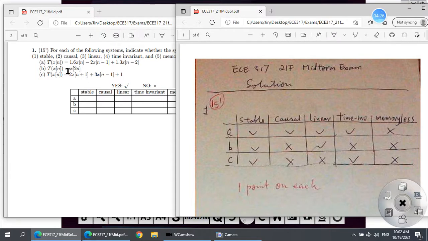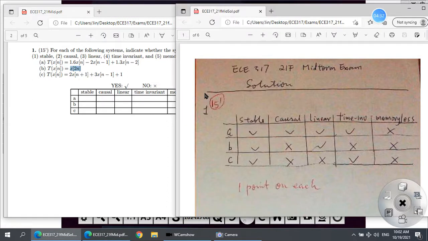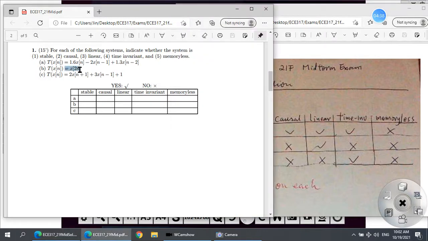Like if the input is no more than 10, then the output will also be no more than 10. If the input is bounded, the output must be bounded. It is just x, but the time index is 2n, so the output only uses the even indices.